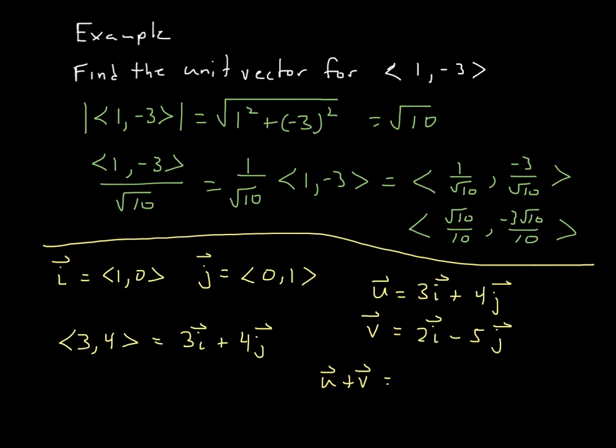So 3i plus 2i is going to be 5i, and 4j minus 5j is going to be minus 1j. And so the result would be the vector 5, negative 1.